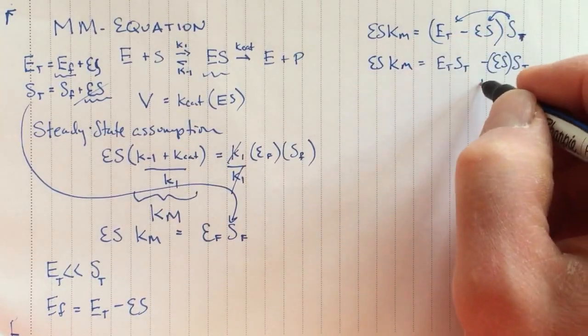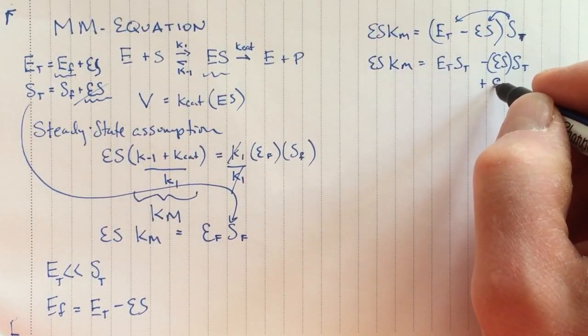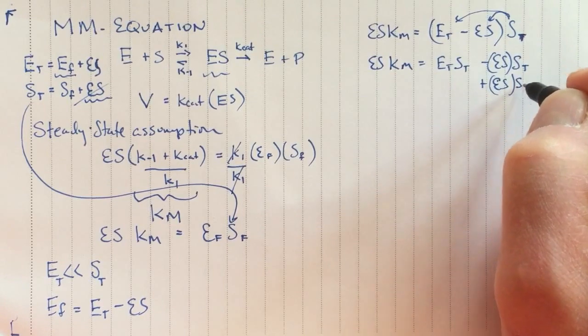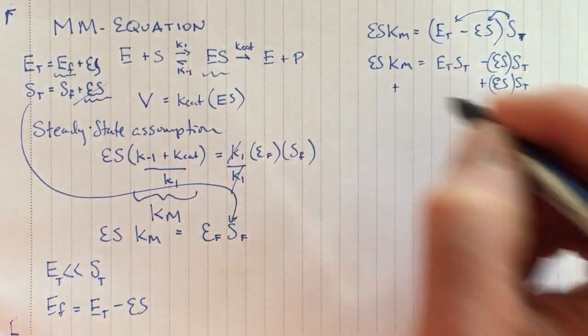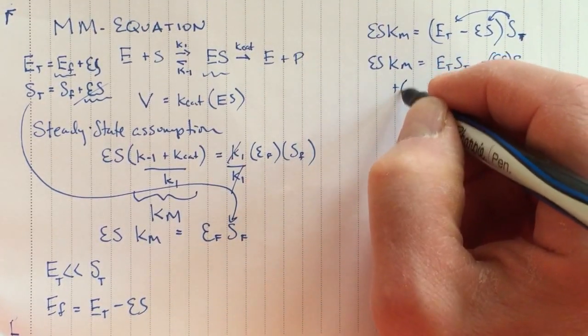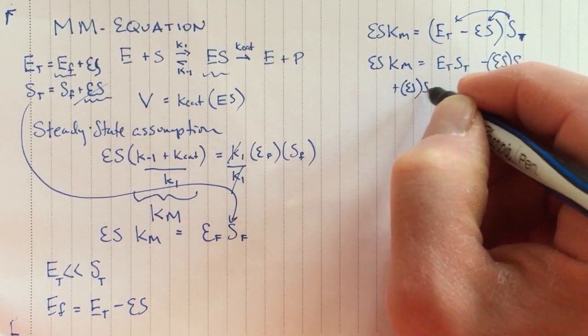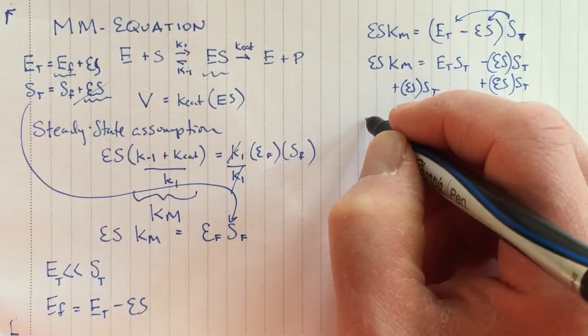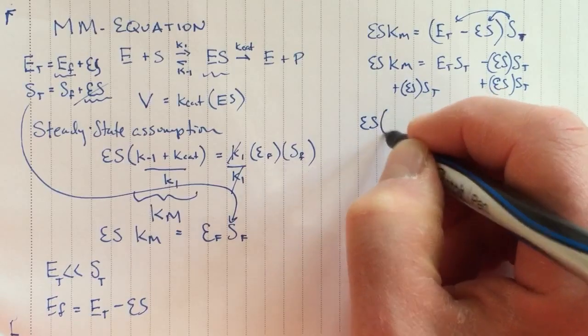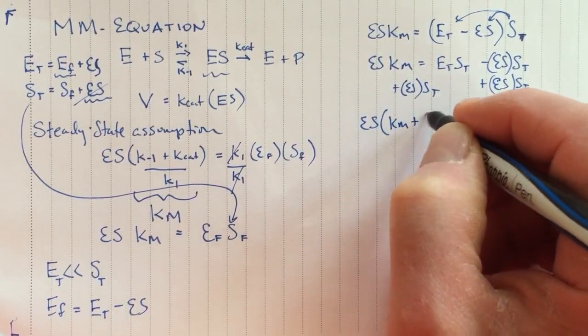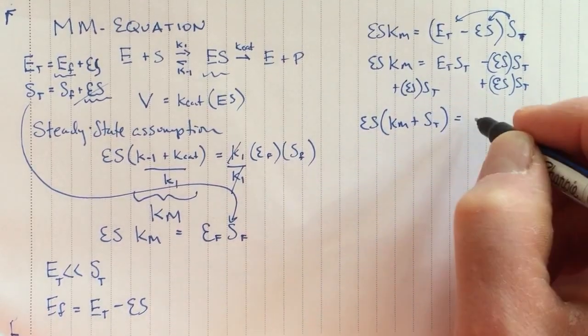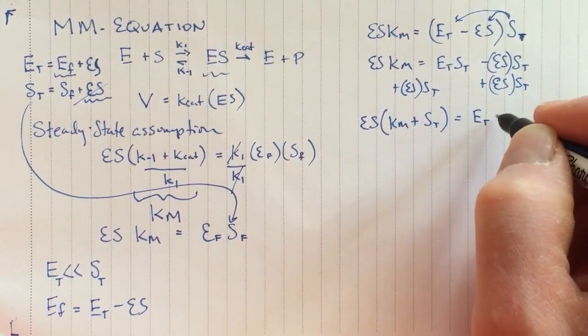I'm going to collect terms in ES by adding ES times substrate total on both sides of the equation, so that we can write ES times Km plus S total is equal to E total S total.